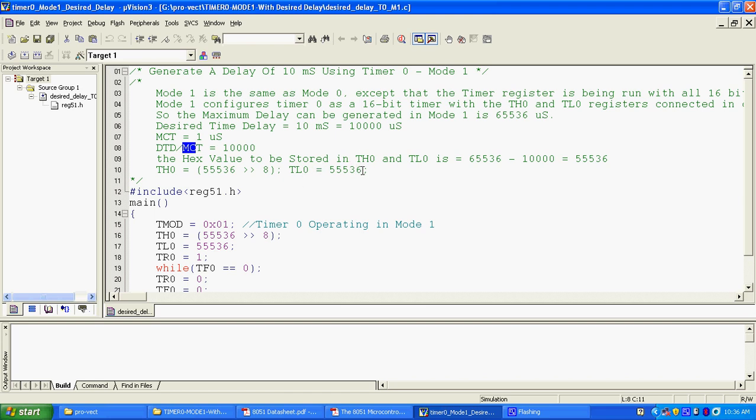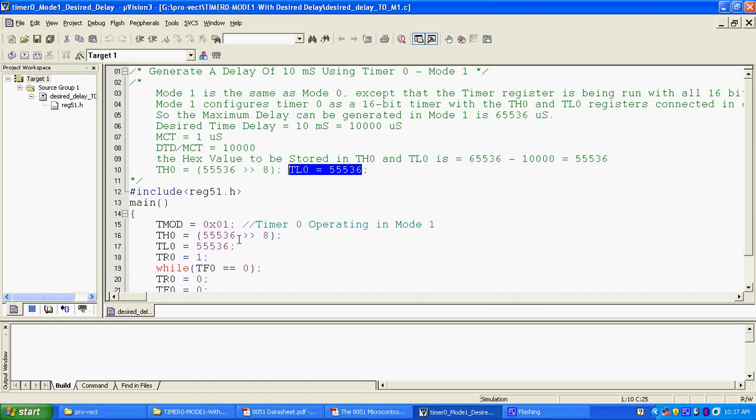So if I write TL0 equals 55,536, then only the lower 8 bits of 55,536 will be loaded into TL0. And if I write TH0 equals 55,536 right shifted by 8, then only the upper 8 bits of 55,536 will be loaded into TH0, and the rest of the things are the same.